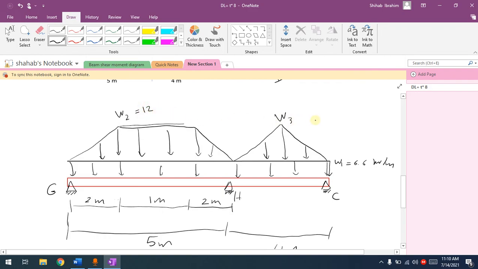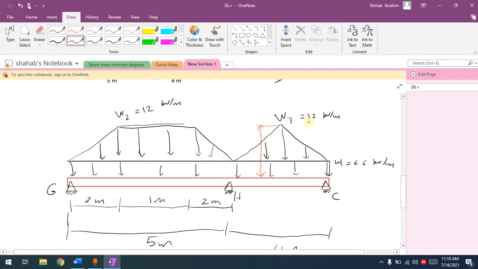If I write this one as 12 kilonewton per meter, this will not be true. Why? Because in structural analysis, when we're providing W, we will provide the height from the top to the bottom. So what does that mean? We have to provide this one from here till the top of the, from the top of this one to the top of, let's say, the bottom of the load, or the top of the slab.